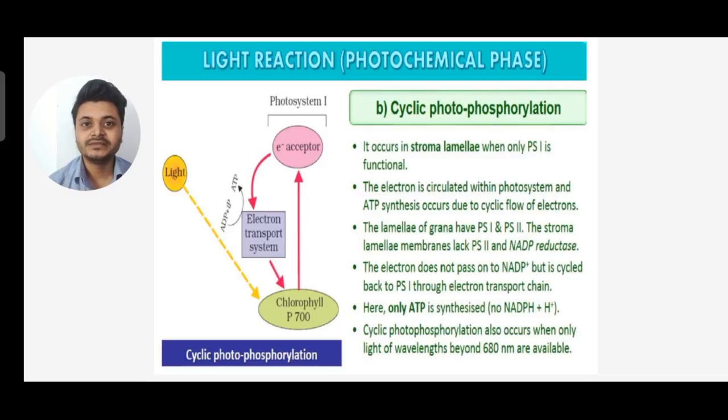Here only ATP is synthesized; no NADPH or hydrogen ion is synthesized. Cyclic photophosphorylation also occurs when only light of wavelength beyond 600 nanometer is available. This is a very important diagram of cyclic photophosphorylation, you have to memorize it. Here ATP is synthesized, only PS1 is used, and it is a cyclic process.